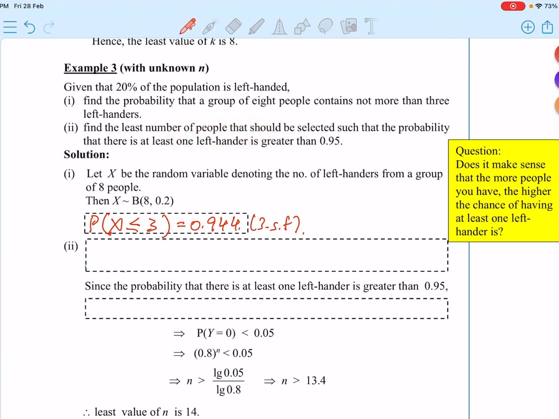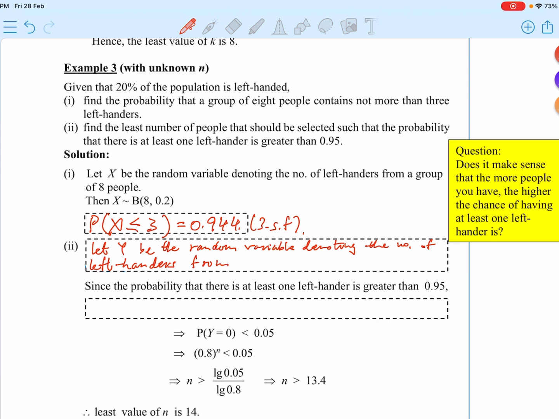So your new random variable will be: let Y be the random variable denoting the number of left-handers, from, what is the next part?